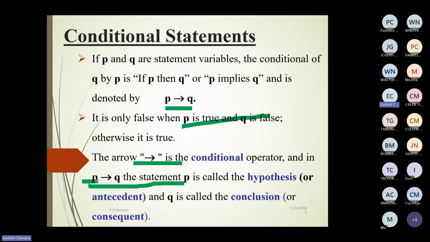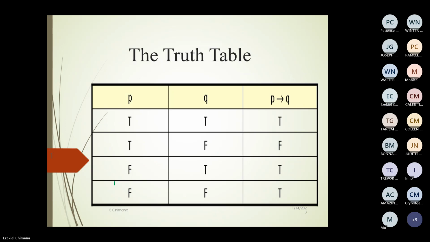So this one is the hypothesis and this one is the consequence. The truth table will look the same because we have these two statements, and after this you draw your truth table and place your truth values on these two columns, and then you find these values.